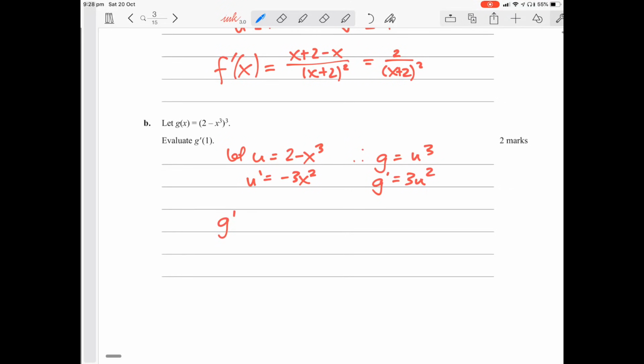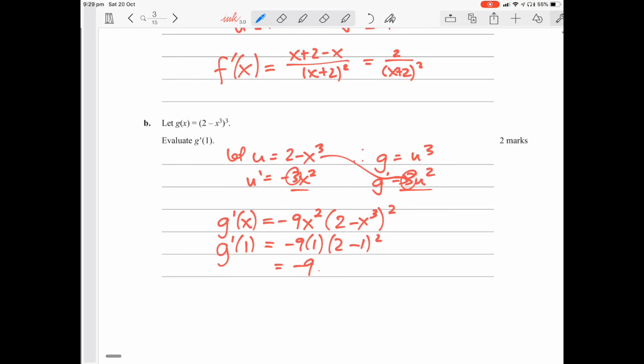G dash of x is these two things multiplied together. So negative 9, that's that and that. X squared times u squared, which is 2 minus x cubed squared, because we know that u is that. And then g dash of 1, negative 9 times 1, 2 minus 1 squared, it's just going to be negative 9.